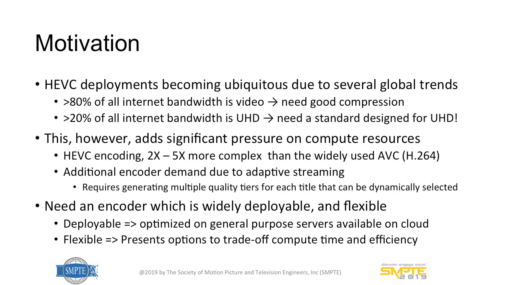So there is a need to have an encoder that is not just widely deployable, but also flexible. When I say widely deployable, I mean it should run on really off-the-shelf general purpose processors. I'm not talking about fancy, really niche kind of systems, just general purpose x86, ARM, PowerPC based processors on typical rack-based servers. And it should be flexible because there is no one holy grail encoder configuration.